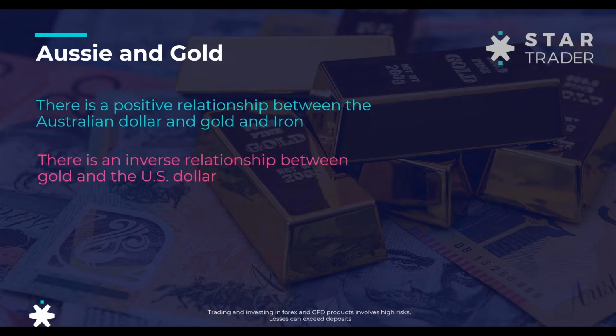By default, without even taking a look at the Australian dollar, we can know that it's going down and weakening, not just because the US dollar is getting strong, but because we have a negative correlation between the US dollar and gold, and a positive correlation between gold and the Australian dollar. So this point is clear so far.